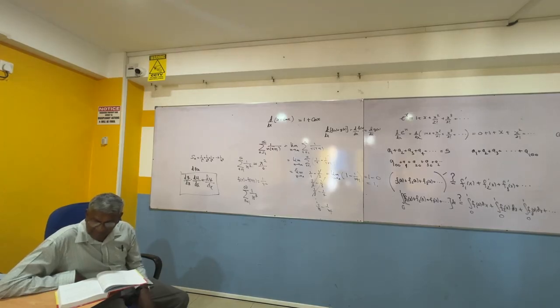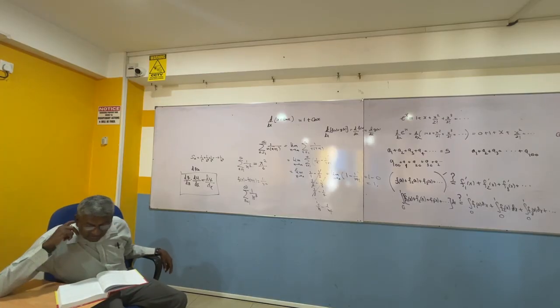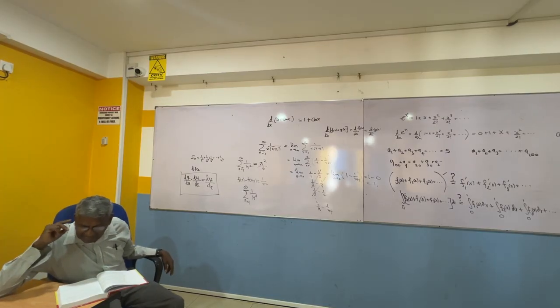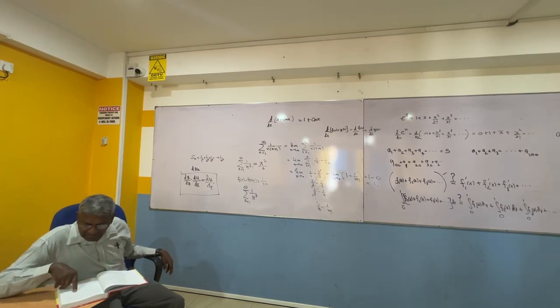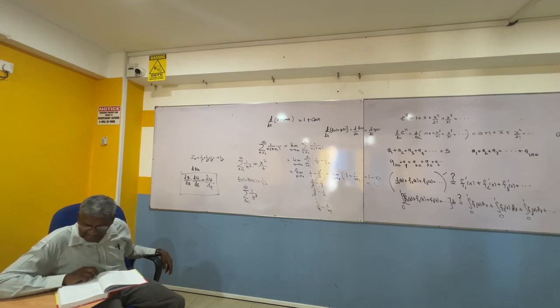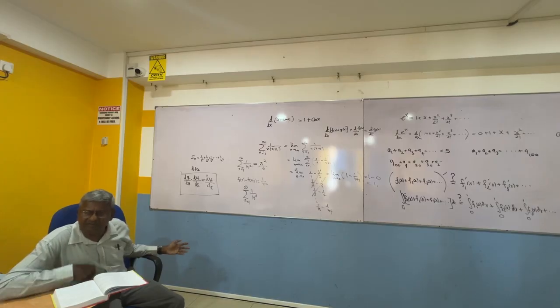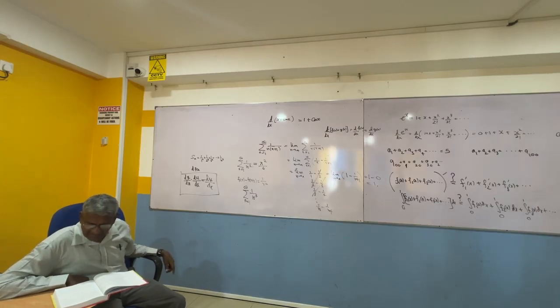If you multiply both sides by 2, then you get 2S equals 2 plus 1 plus 1/2 and so on, then you get 2 plus S. 2S equals 2 plus S. Therefore, when you bring S to the other side, S equals 2. So the series sums to 2.